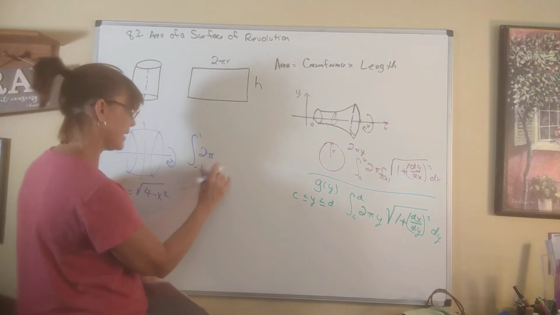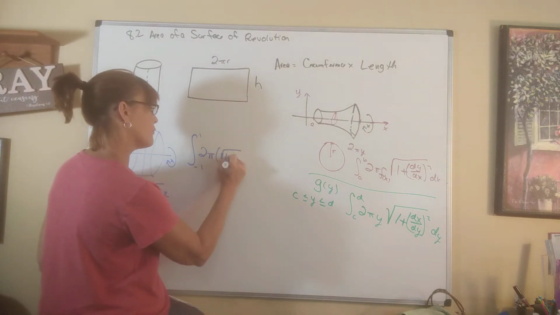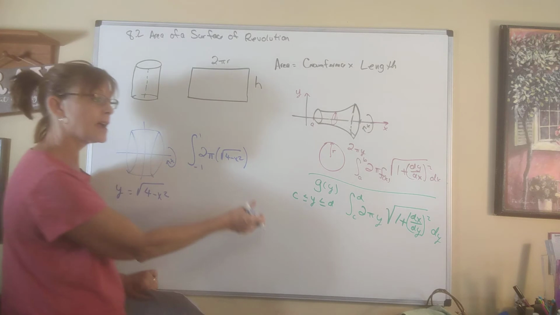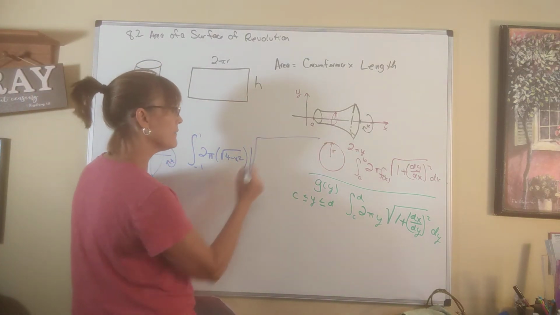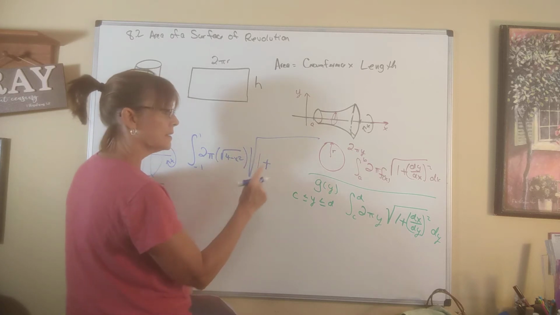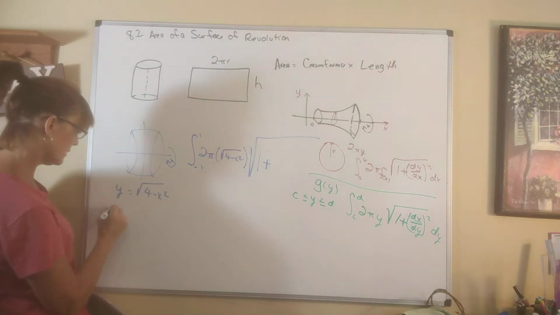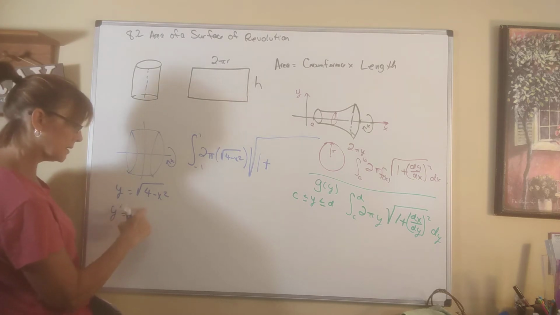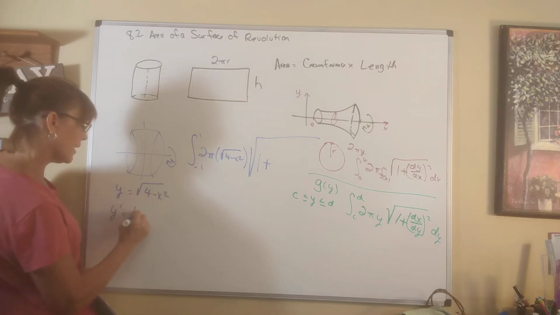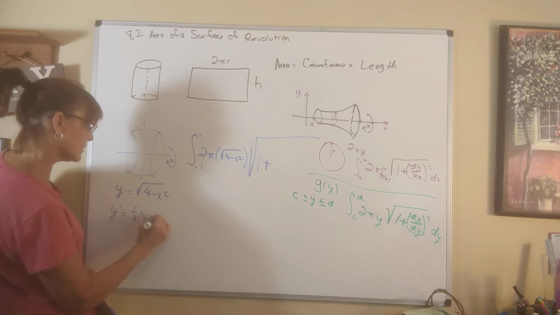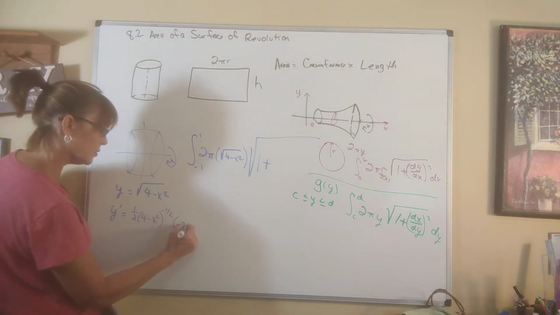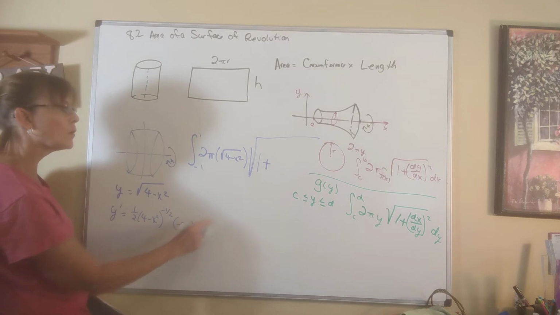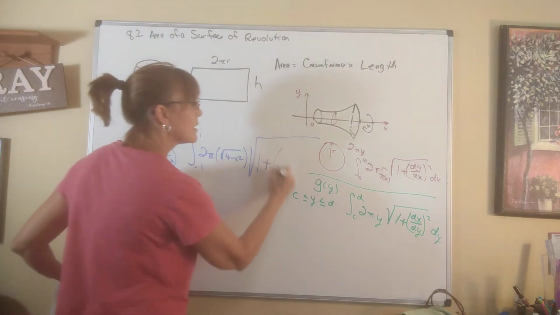So 2 pi y, I'm going to call this the square root of 4 minus x squared, times the arc length, the square root of 1 plus dy dx squared, or y prime is, let's take its derivative, 1/2 (4 minus x squared) to the -1/2, chain rule times derivative of the inside, minus 2x. This is y prime, but what we put in here is y prime squared.